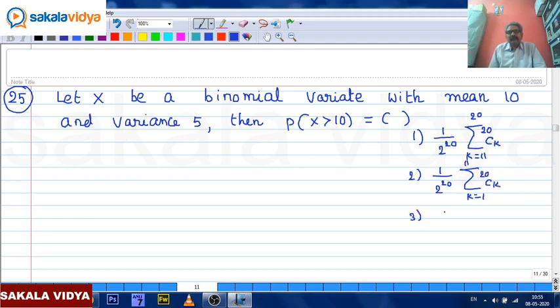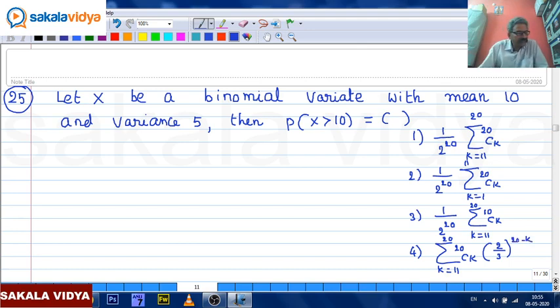Third option, 1 by 2 to the power of 20, sigma k is equal to 11 to 20, 10 Ck. Fourth option, sigma k is equal to 11 to 20, 20 Ck, 2 by 3 whole to the power of 20 minus k. This is the question.